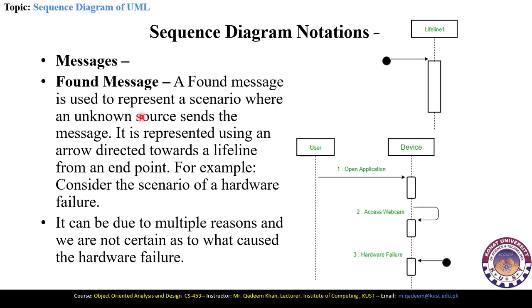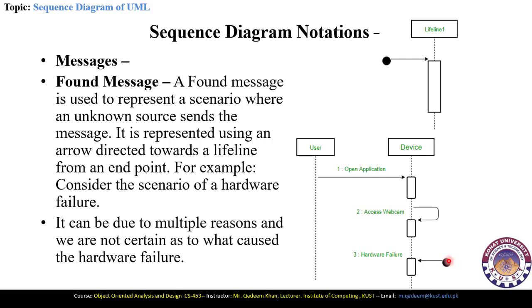Another important notation of a sequence diagram is the found message. The found message has this symbol. It represents that the message has been found. So a found message is used to represent a scenario where an unknown source sends the message. That means that here you can see that there is no source available as an input to this message.